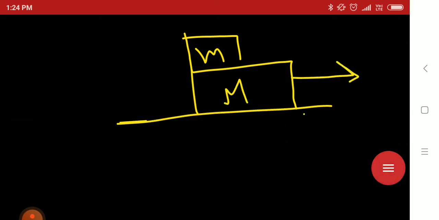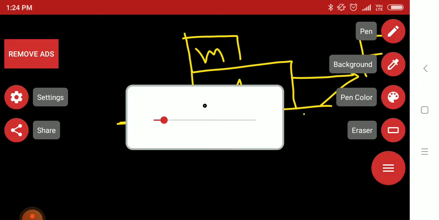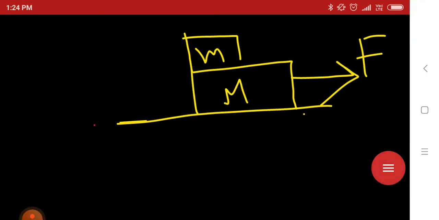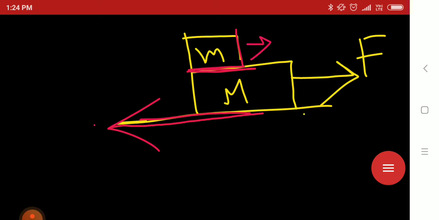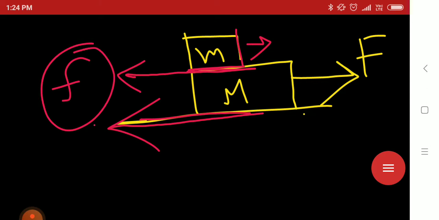When the capital M mass moves here, frictional force will act here, and here also there is a frictional surface. So frictional force small f is also acting backwards, opposite to the external force.